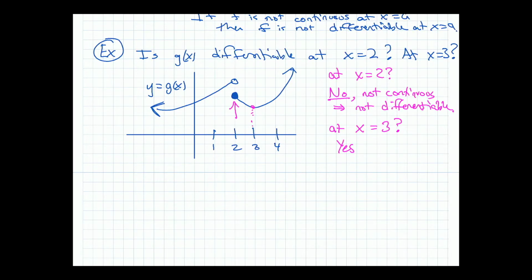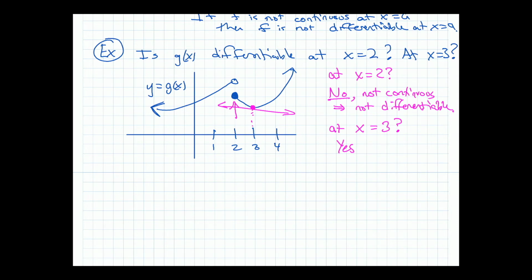X equals 3 on this picture is right here, and there's nothing special about that point. Could you draw a tangent line right there? Sure. What's the derivative? It's the slope of the tangent line. So if there's a tangent line there, it's differentiable. That's kind of the basic idea: where is it differentiable, where is it not?